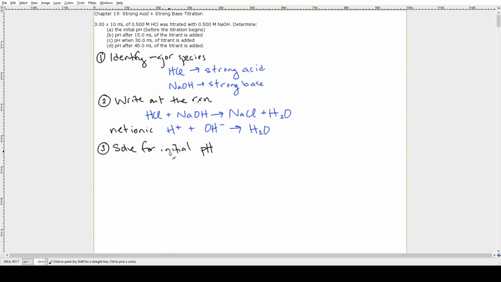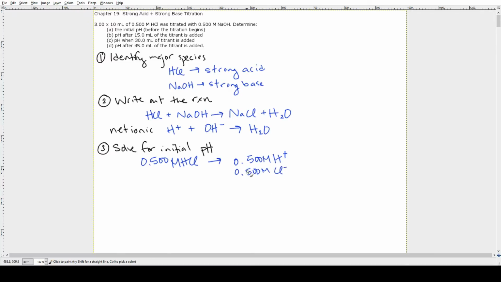This is, let's see, what is our initial substance? Hydrochloric acid is being titrated with NaOH, so I want the pH of my hydrochloric acid. I know that I have 0.500 molarity HCl, and it's going to end up reacting to form 0.500 molarity hydrogen and 0.500 molarity chloride.